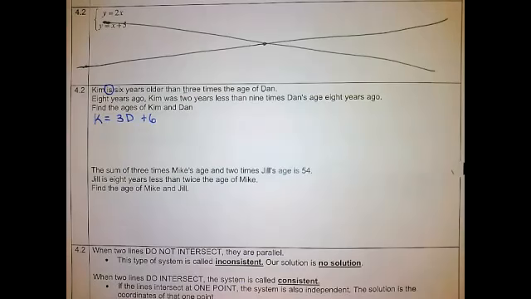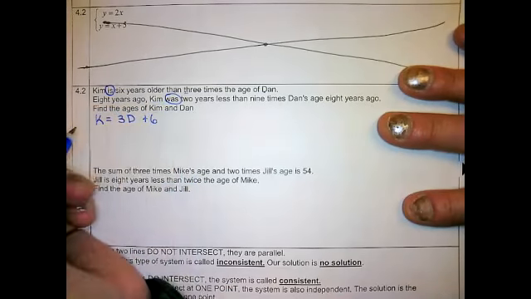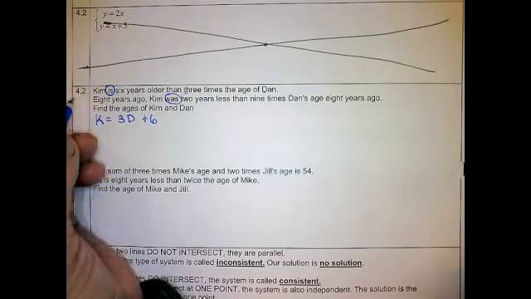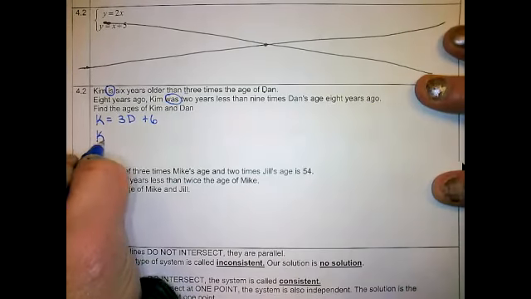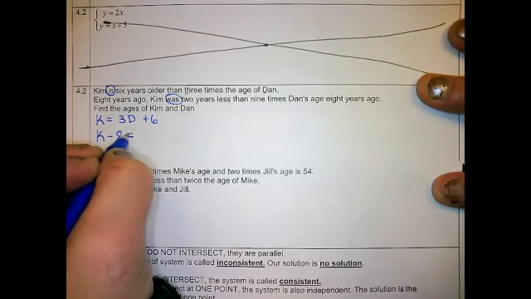So now let's go on ahead and do the second part of this problem. It's a system of equations, so we have 2 different equations at least. It says 8 years ago, Kim was, okay, so 8 years ago. So how am I going to write Kim's age 8 years ago? Well, I'm going to write Kim because that's how old she is now, and I have to subtract 8 from it.